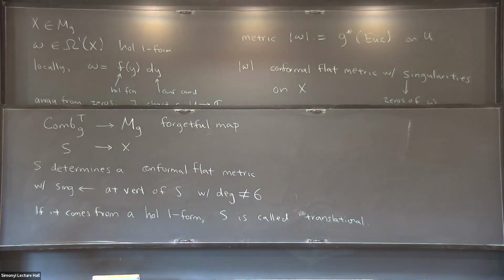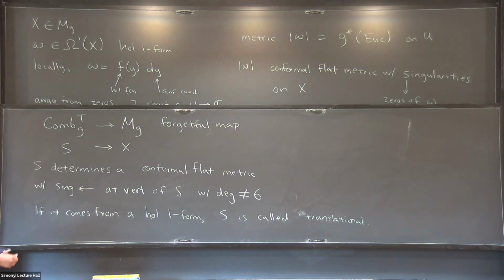Does it mean you have some kind of coloring of the triangulated? Yes, yes. So there's a combinatorial description involving a coloring system that will tell you, given a triangulation, if it comes from a holomorphic one form. Okay.